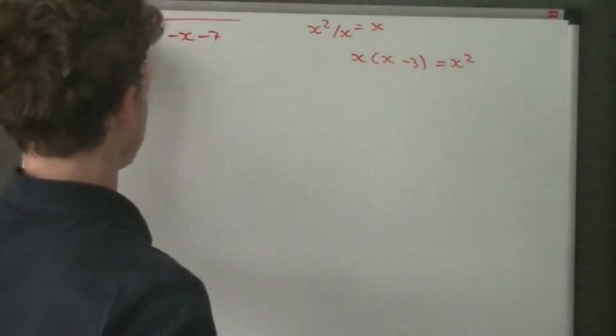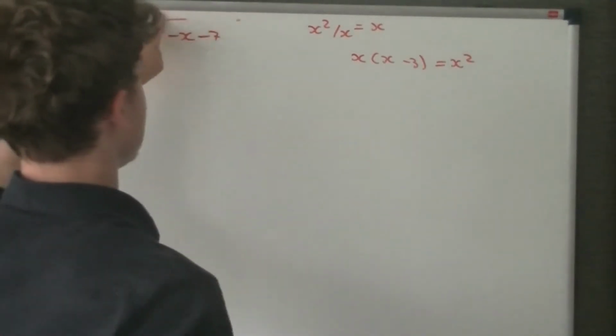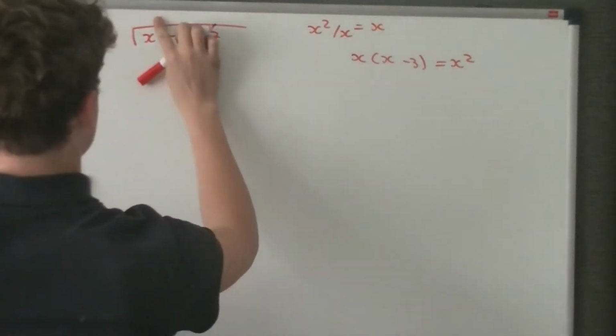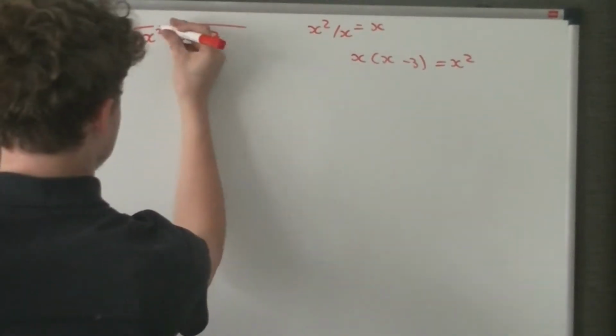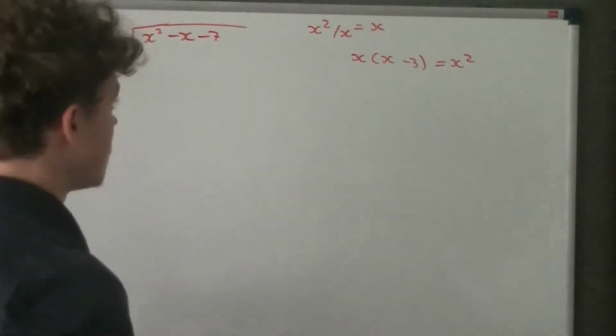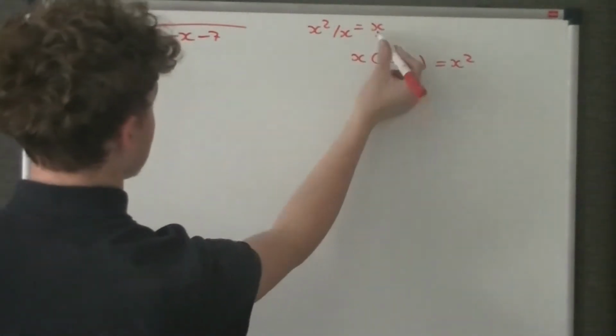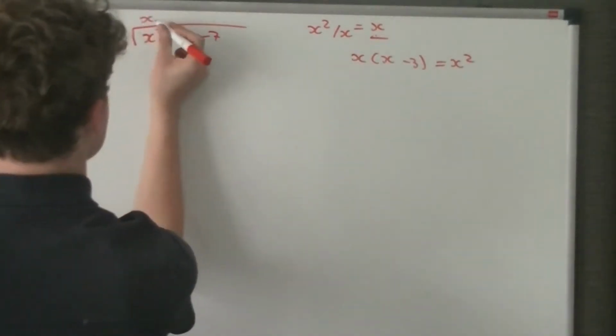Now what I didn't write before, and I should have written, is the quotient. Because I wanted to get a head start. So the first thing we've done is divide by x, so we put x up here.